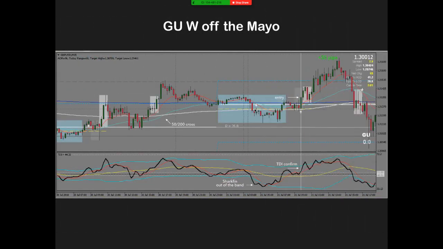Next trade we have is a GUW off the Mayo. So we have 5200 cross right here. Out of the Asian box, we have a first leg in the Asian box, rather, okay, with railroad tracks completing the first leg, then a close down below, and then a close back above with this shift candle here. This was your entry.